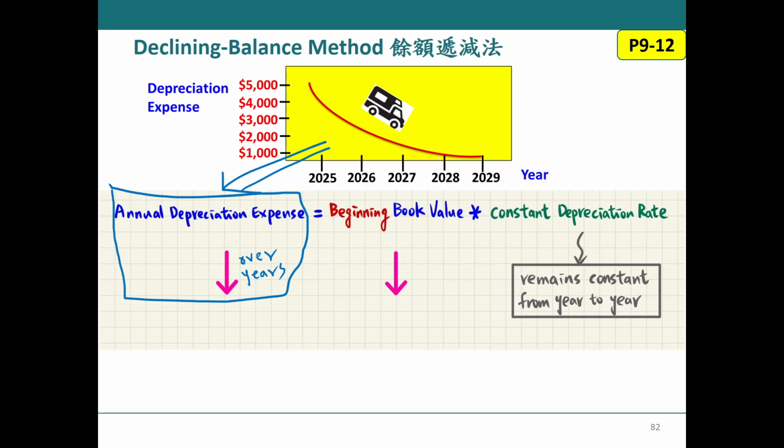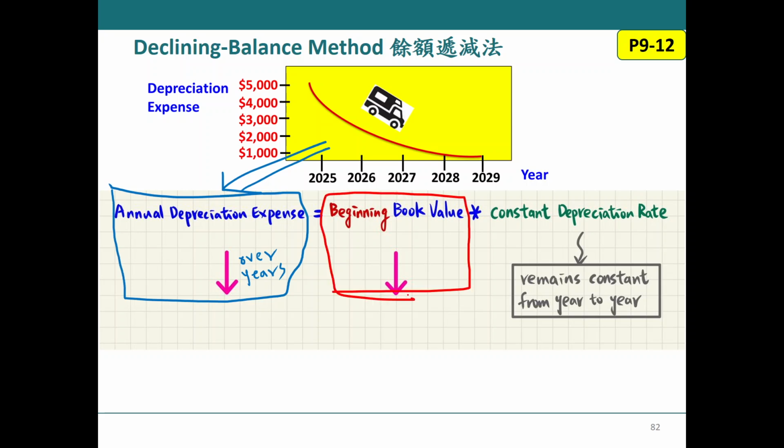Do you remember? 账面价值: cost minus accumulated depreciation. The book value will be decreased over years, right? When you use your PP, its value decreases over years. That's why we use book value right here, because we want to achieve our purpose. So that's why we use beginning book value.